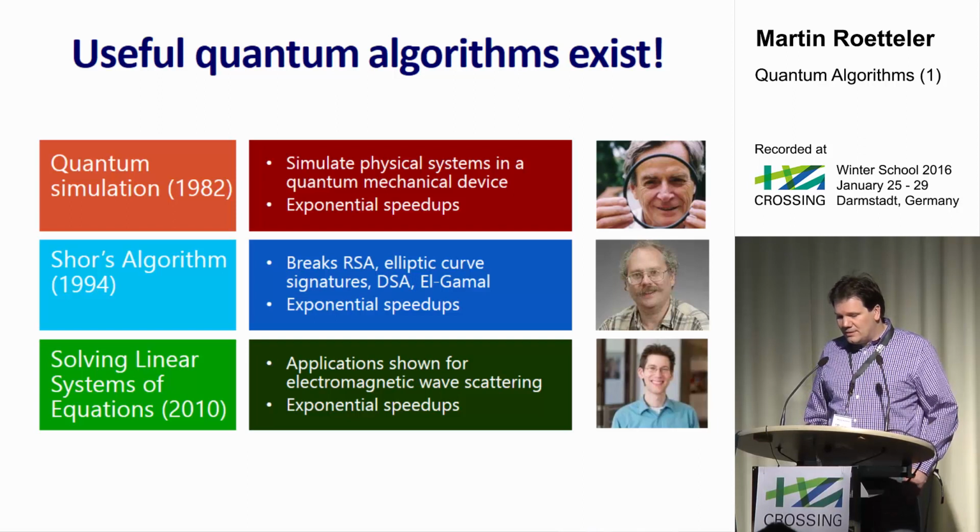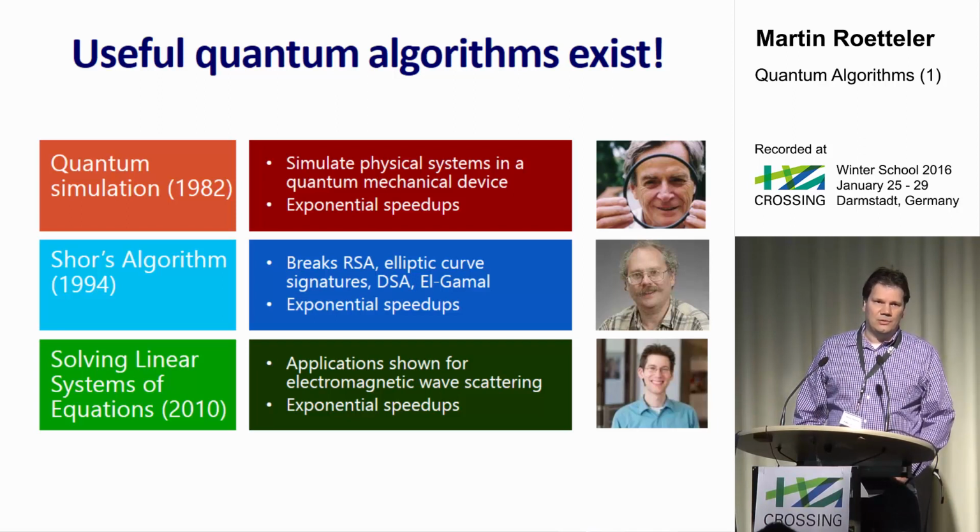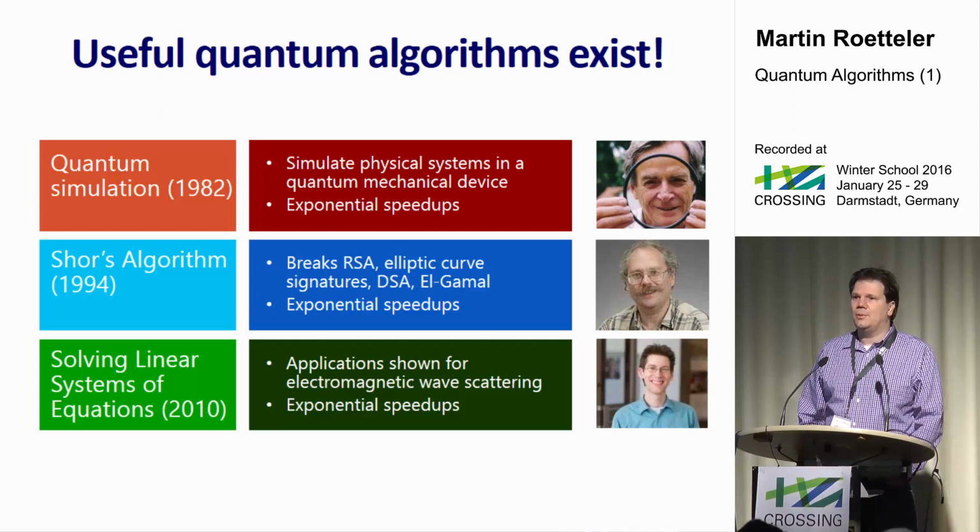But Shor's algorithm gave a big boost to the field. It was in the early 90s. He showed that we can actually factor integers, which would immediately break RSA. Very quickly afterwards, it was realized that it could also be used to attack elliptic curve signatures, anything that's based on computing in Abelian groups. These schemes would be broken if a big quantum computer were around.